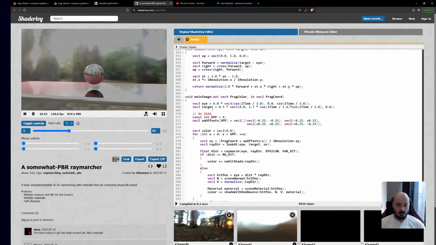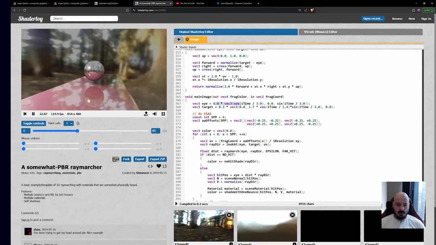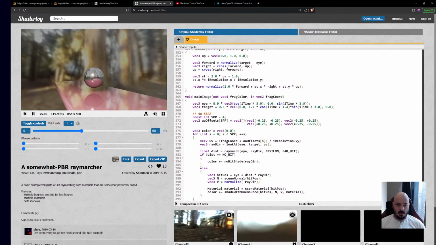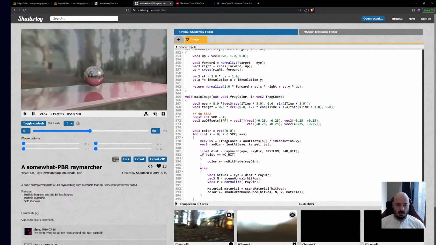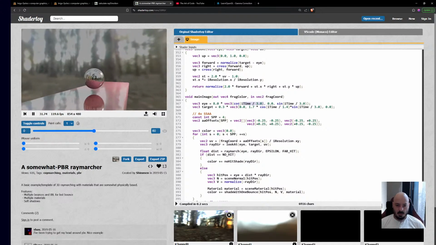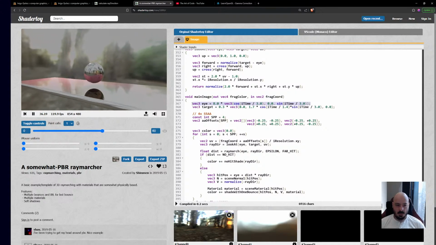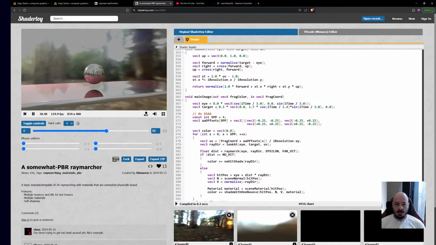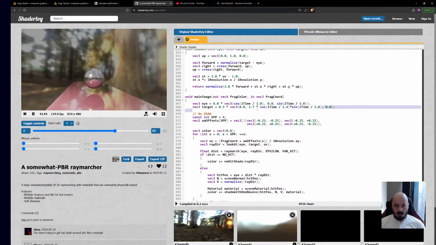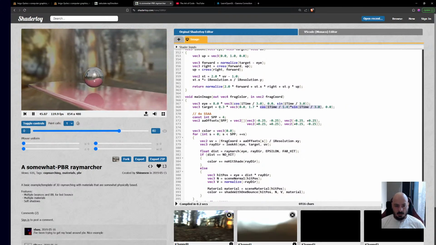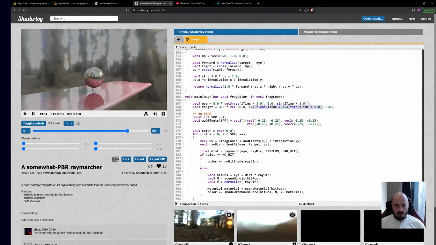So let's see. So I've got an eye. What the hell does that mean? So 8 times cosine, yeah. So we're gonna go around on the x-axis. Okay, so we're rotating around the origin, that's what this is. And the target is 0.3 times rotating around the y-axis.